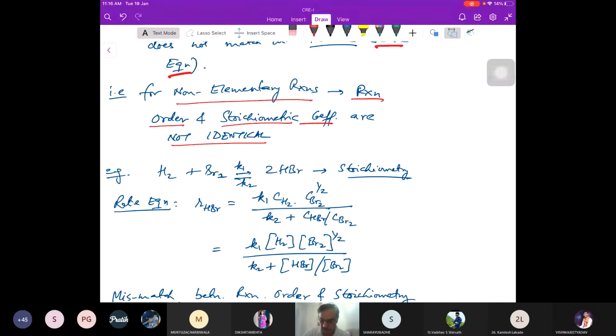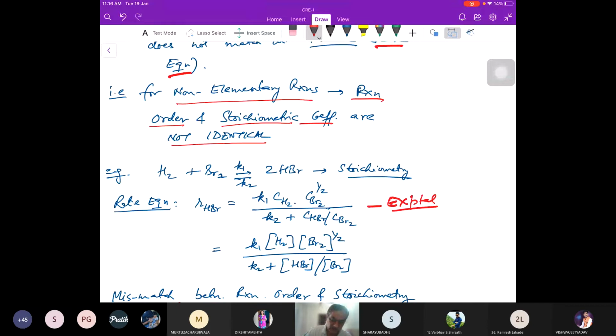But if you look at the experimental rate equation, it's very complex. It is not a second order reaction, right? From stoichiometry, if you take this as elementary, second order reaction लिख सकते हैं हम, right?